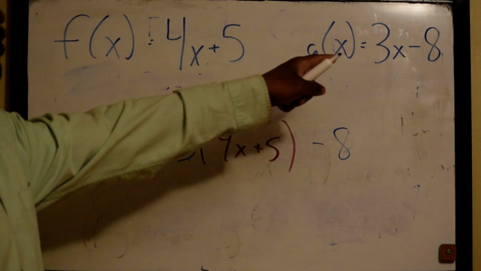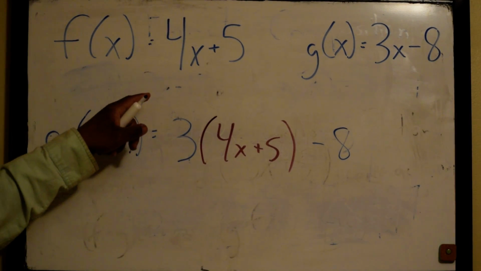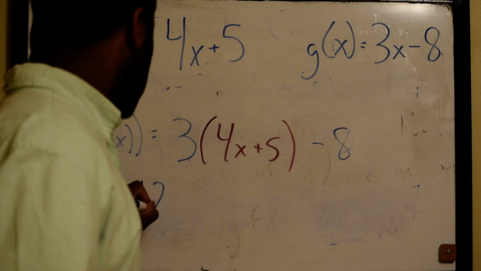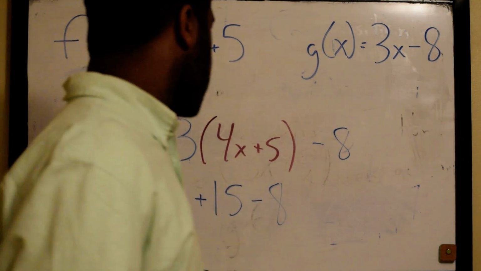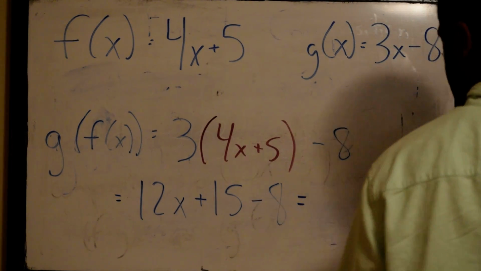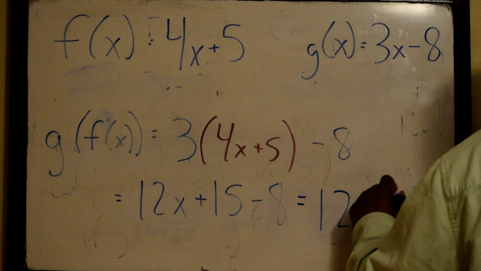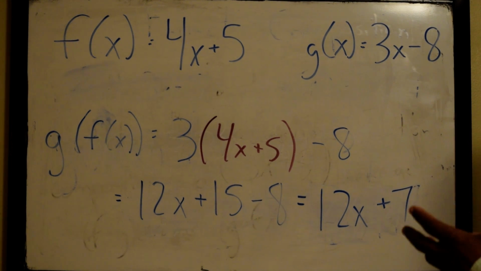Minus 8. So instead of 3x minus 8, it's 3, and we replace x with the entire other function. See, this used to be just a single number. That is 12x plus 15 minus 8, which gives us 12x plus 7. And as we can see, it doesn't have the exact same answer as your first problem when we did f of g of x.